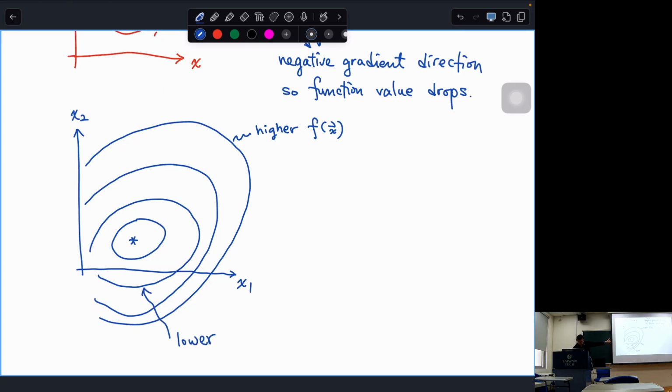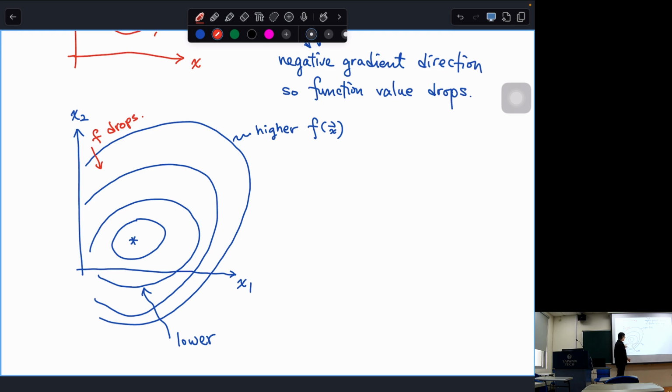If I go inside, my function value drops. Whenever you take derivatives or gradients, you end up with vectors that are perpendicular to the contour.